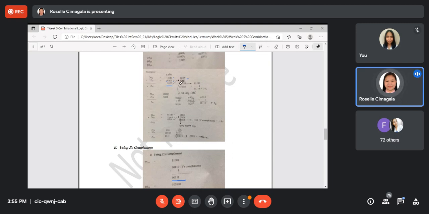So we have an end carry of 1. When using one's complement, the end carry of 1 is added to the final answer. So we get an answer of 14. It's positive 14. If you just add the one's complement of 12, that's not the answer. But take note that we have a carry, so we add the carry to the final answer of 26 plus the one's complement of 12, and we get 14.